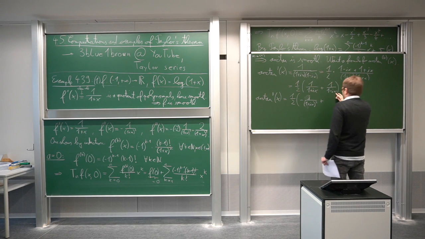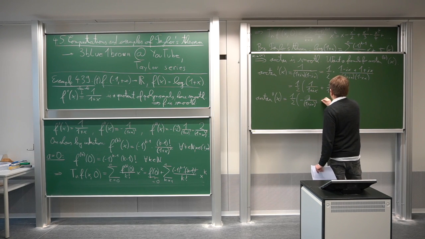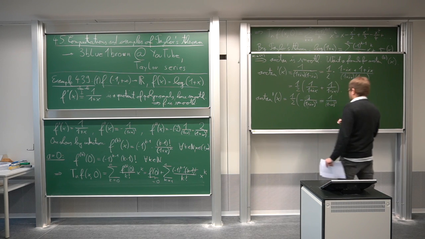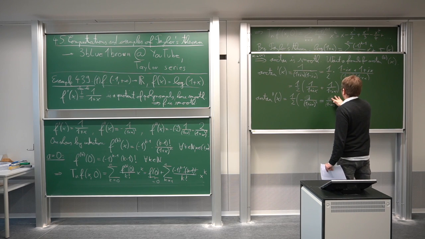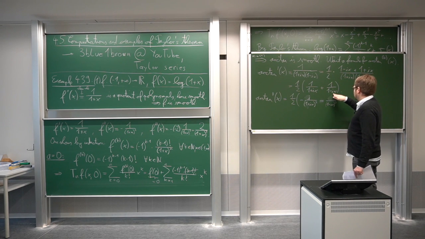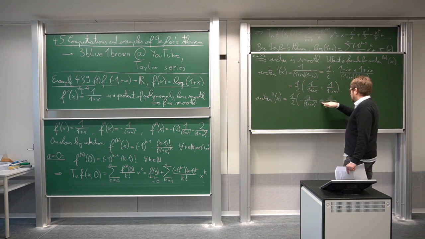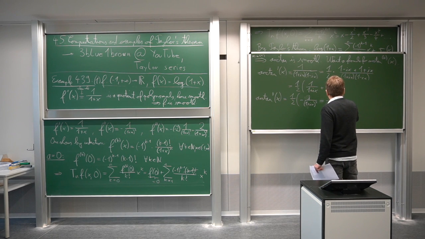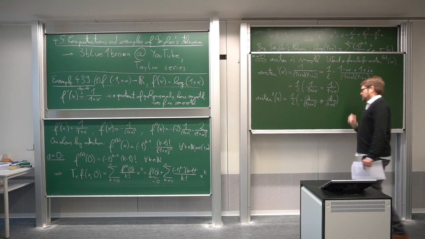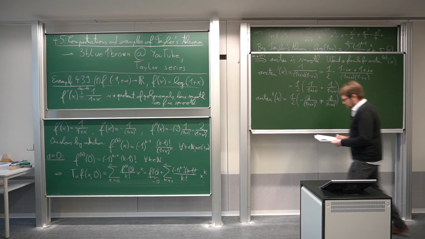Here it's almost the same thing. So here we first get the exterior derivative. This would be, the plus becomes a minus, so it's minus 1 over 1 minus ix squared. And now we have to multiply this with the derivative of the denominator, which is minus i. And so the minus and the minus together become a plus, and we get this expression. Okay, now we can do the same thing again.